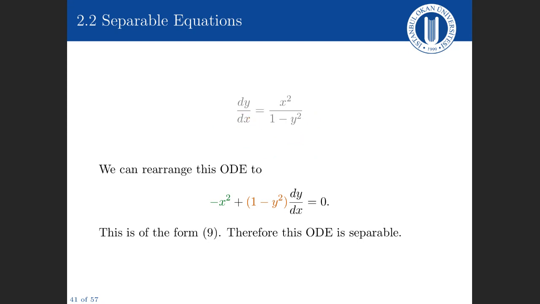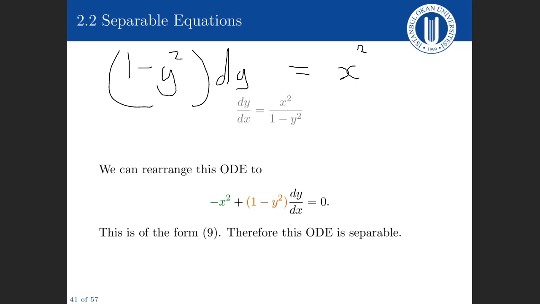So in other words, this differential equation I could write as (1 minus y squared) dy is equal to x squared dx. Multiply both sides by 1 minus y squared, multiply both sides by dx. Because all of the y terms are on the left of the equal sign and all of the x terms on the right side, we are allowed to integrate this equation.